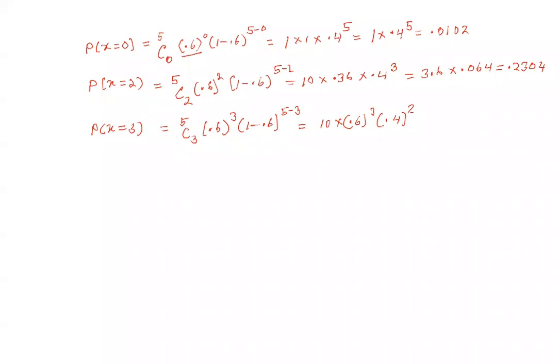So if I do the math, 0.6 to the power 3 times 10 times 0.4 to the power 2, enter, is 0.3456.